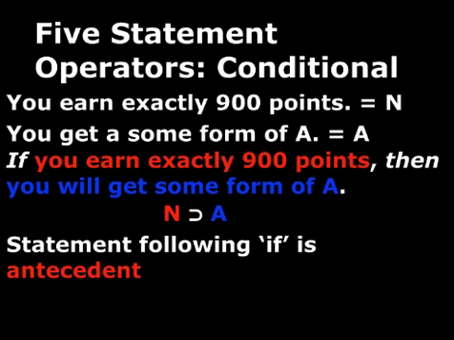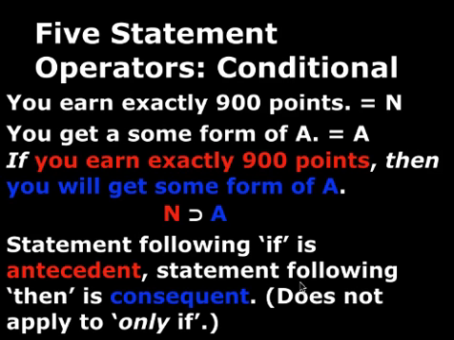Okay, how do you know which is which? Well, if we have a conditional in English that's coded with an if-then statement, the one following if is going to be the antecedent, and the one following the then is going to be the consequent. I put the antecedent in red and the consequent in blue here.